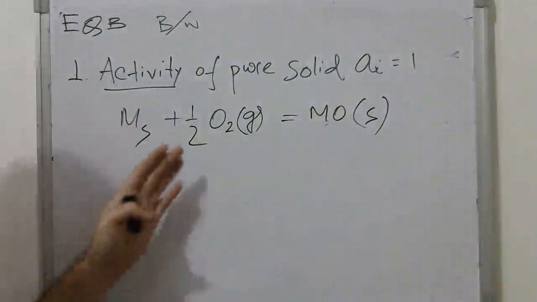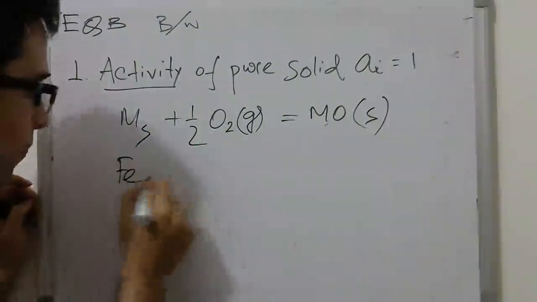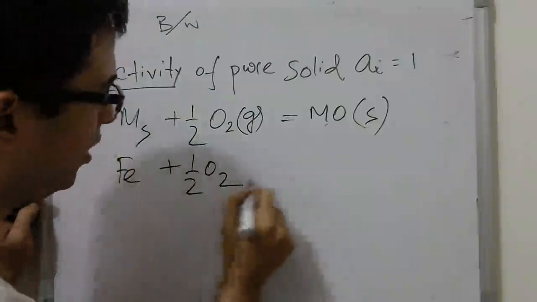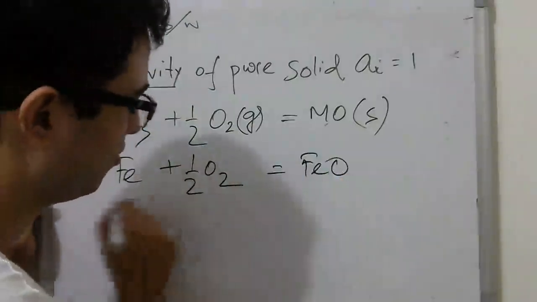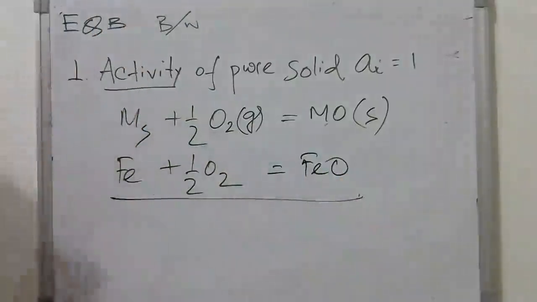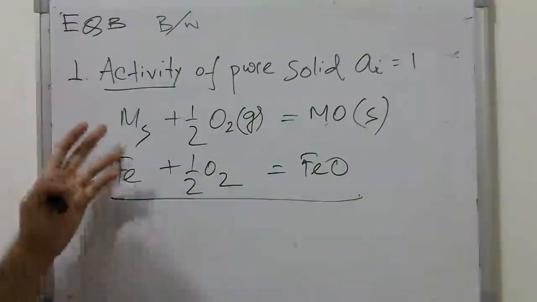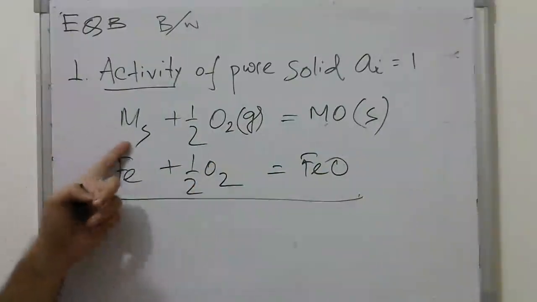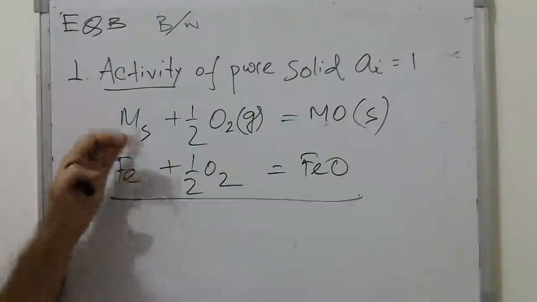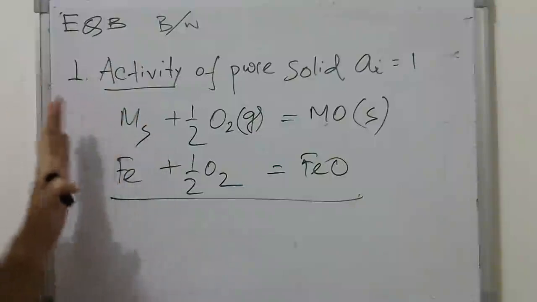For example, we normally use this for Fe plus half O2 giving FeO. It's a standard sort of equation. So let's say M is a solid which reacts with oxygen to form MO, a solid oxide. If I am going to calculate the activity, the activity of this solid M is going to be 1. So remember this: the activity of a pure solid phase is 1.